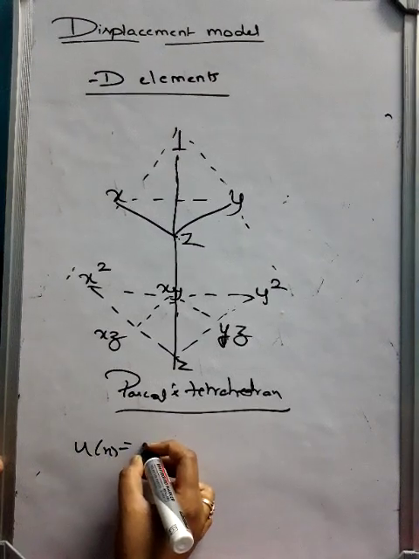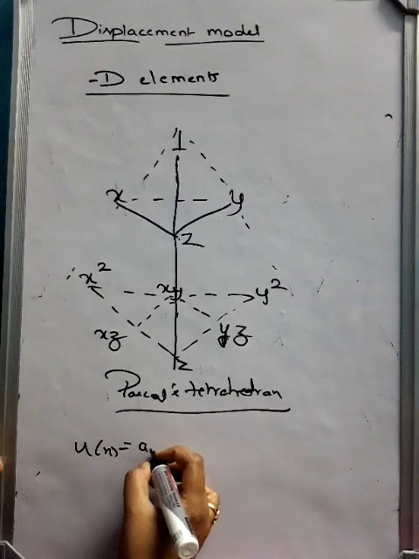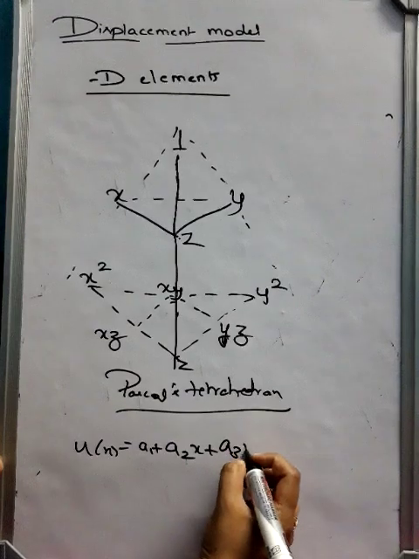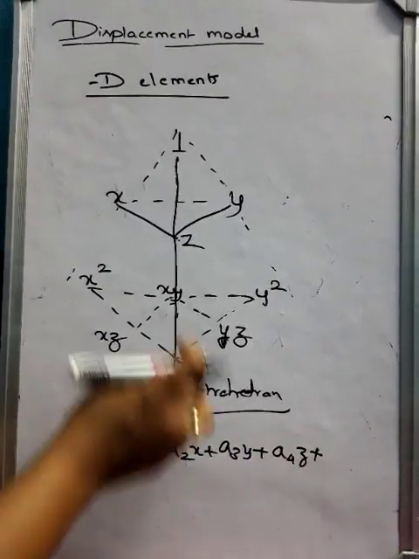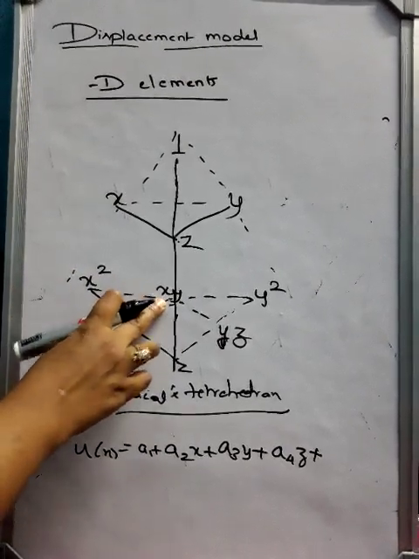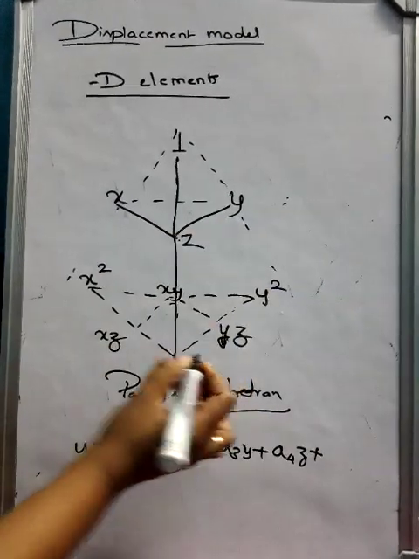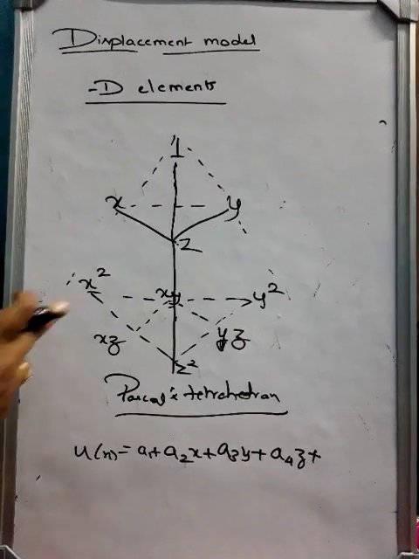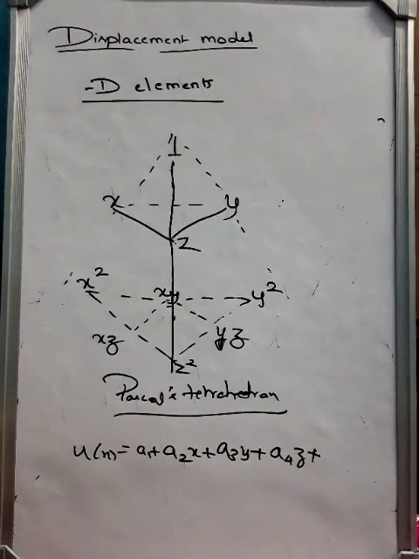It is a1 plus a2 into x, a3 into y plus a4 into z, then a5 into x square, a6 into xy, then y square. So like this the pattern is going to come. This is the way to write the expression.